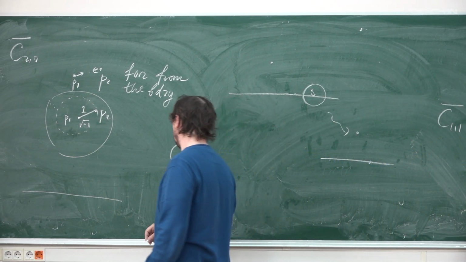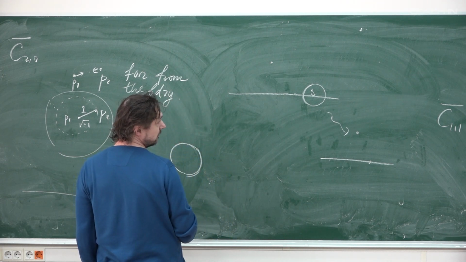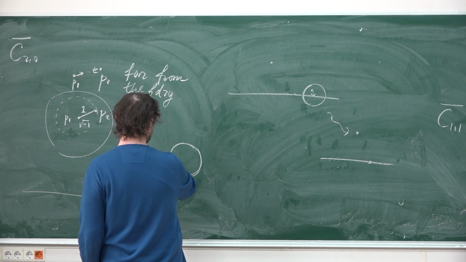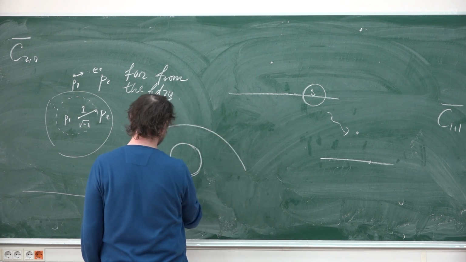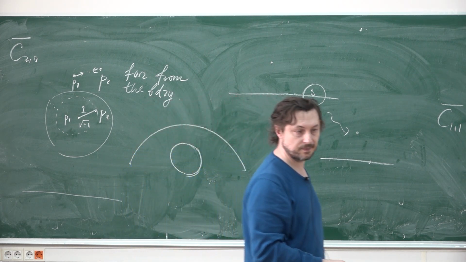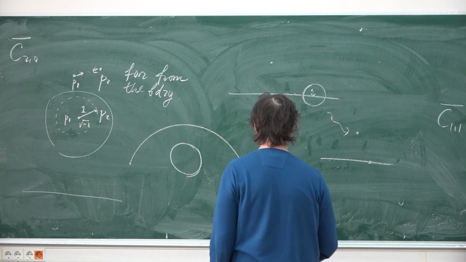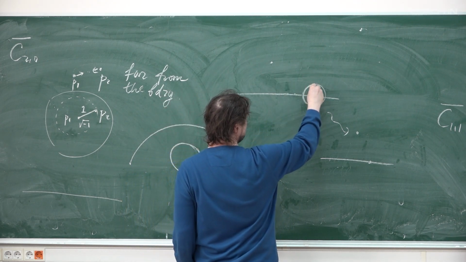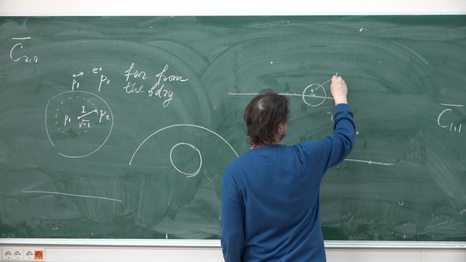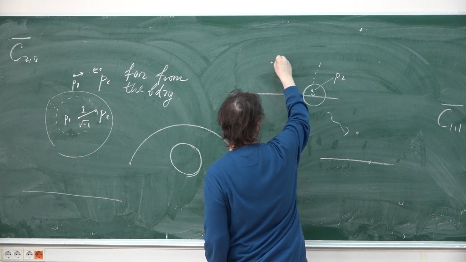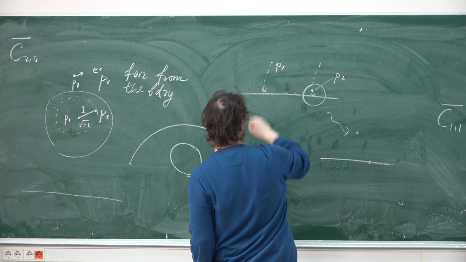But C11, as I remember, was a half circle. The other half circle appears when we leave this point, P2, far away from the boundary and let P1 go into the boundary.